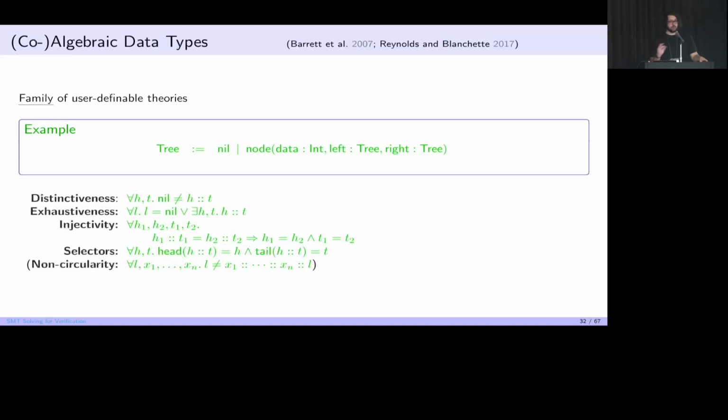Some of them you have dedicated theories for, for example, as we saw with arrays. Strings we're going to see in a bit also. But this gives you a general procedure to reason about data structures that you may have in your program. And the way that solvers generally solve these problems, again, is by reasoning about equality, reasoning about these things as functions with the extra properties that you have here for these constructors and selectors.